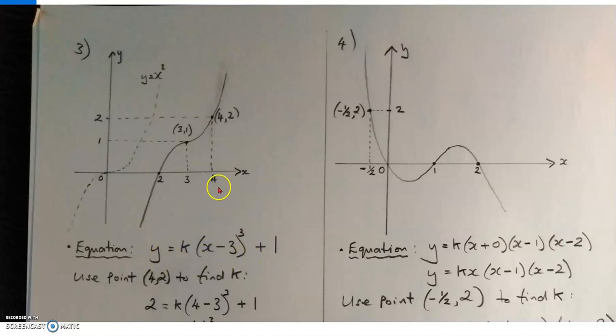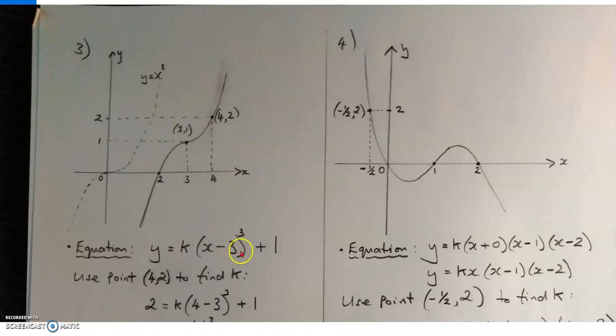Now I've used this point here, 4, 2, which sits on the graph, to find k. You can't use this stationary point value because if x is equal to 3, look what's going to happen if you put 3 in there for x. 3 minus 3 is going to give you 0.